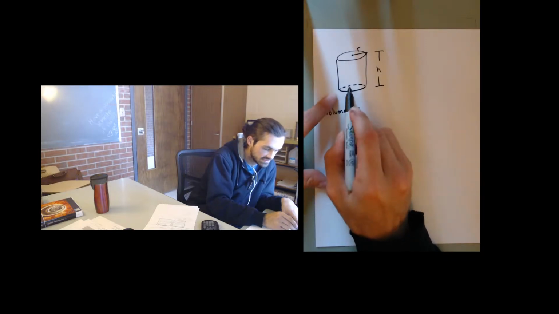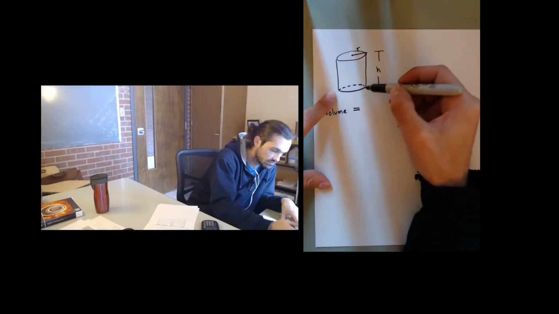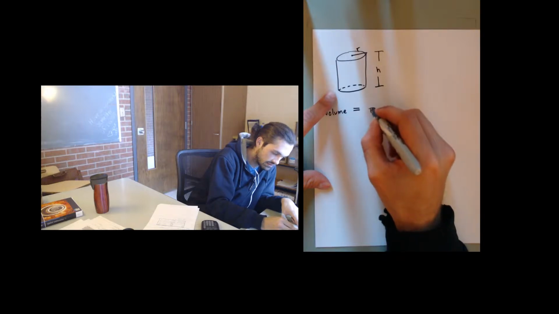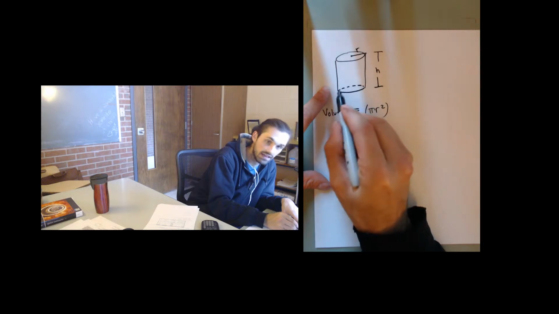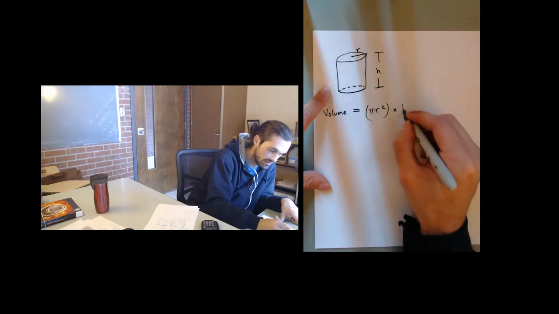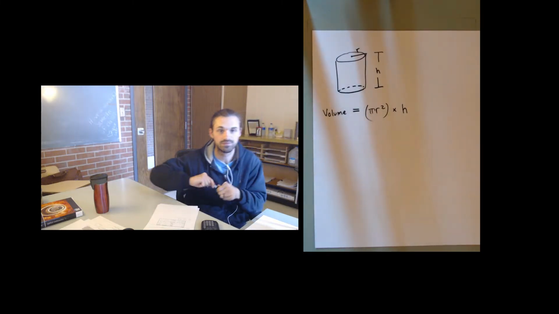Well, the volume of a cylinder is going to be the area of the base multiplied by h. So the area of the base is pi r squared. That would give you the area of this circular base, pi r squared, and then multiply it by the height, h, to get the volume of a cylinder.